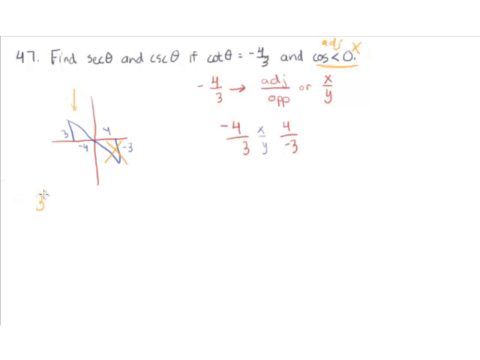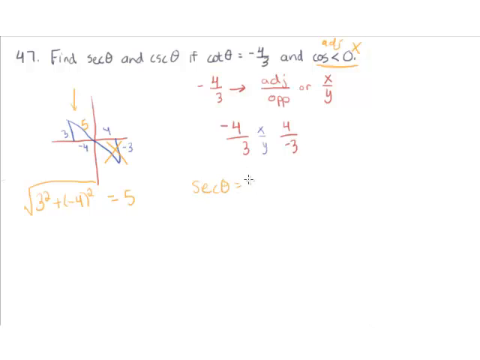So we can really quickly do the Pythagorean theorem to find the third side, and you actually may not need to use it because this is actually a 3, 4, 5 triangle. It doesn't matter that that 4 is negative, it still ends up being a 3, 4, 5. Now that we have our triangle, we can find secant and cosecant.